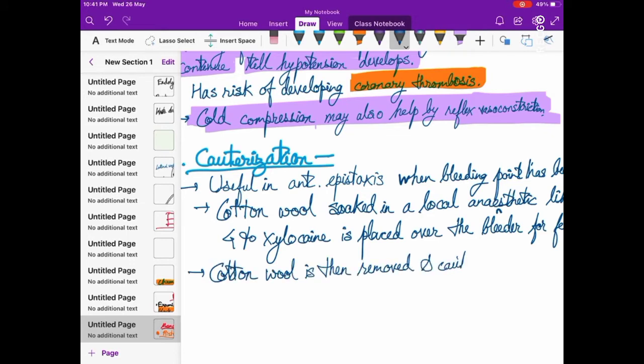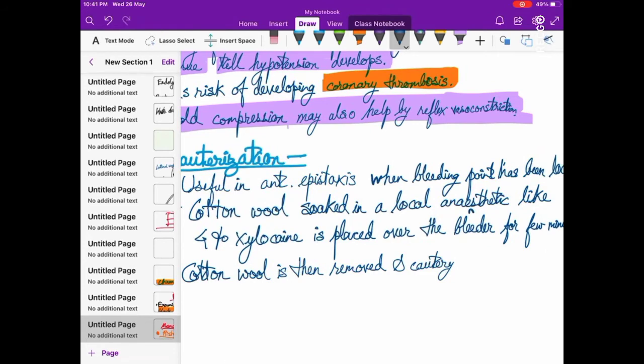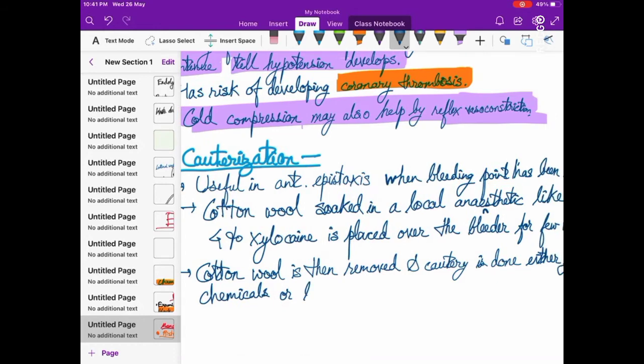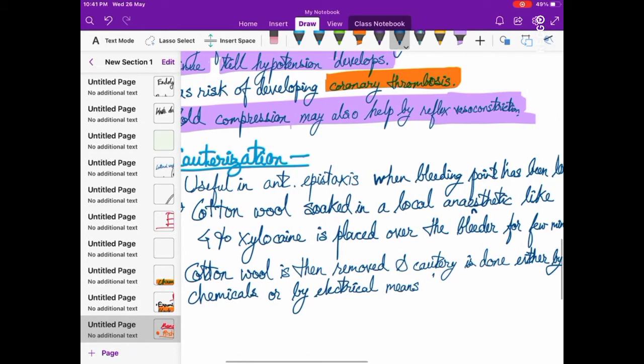Cotton wool is then removed and cautery is done with either chemicals or by electric means, electrocautery.